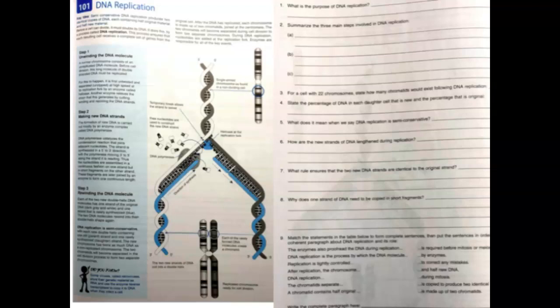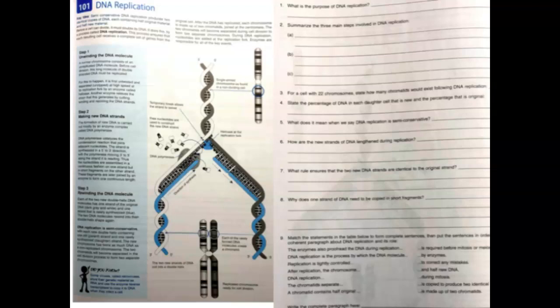The strand that's being synthesized, the new strand, the blue strand, is synthesized in a 5' to 3' direction. So it adds base pairs in the 5' to 3' direction, which means that it's reading the template strand from the 3' to the 5' direction, and it adds base pairs as it goes.